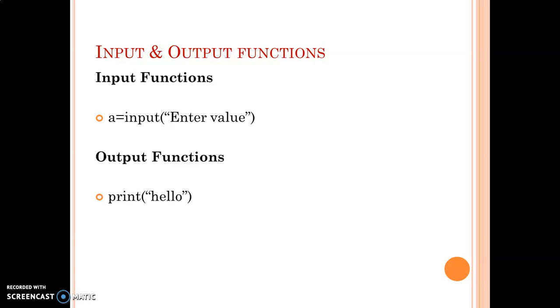So by using the input function, input is a function. I will explain what functions are in Python later. Whatever statement you want to print is enclosed in double quotation marks, and the input value will be stored somewhere. The output function is print. So the input function is input, and displaying a message onto the console is print.